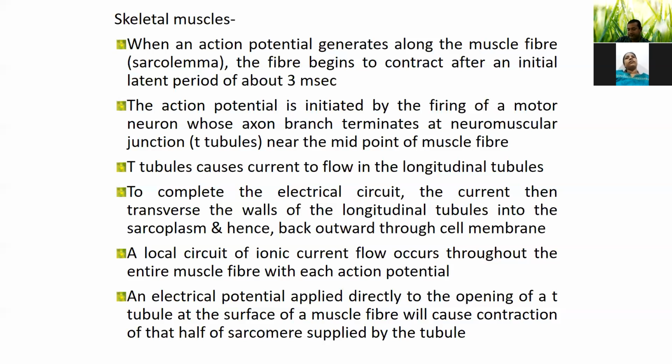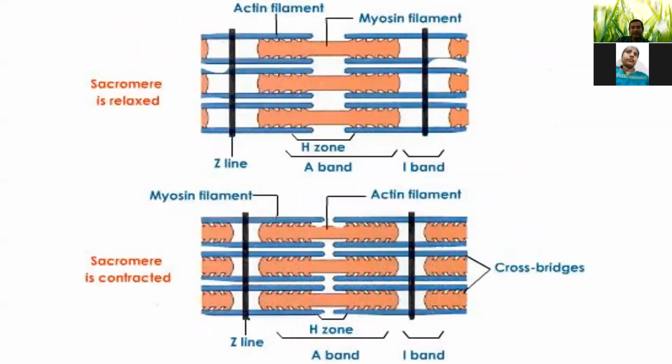That is to say, if any contraction or relaxation is going to happen within a muscle fiber, it will extend its action towards the whole muscle. Again, this picture, I think we have discussed in the previous class.